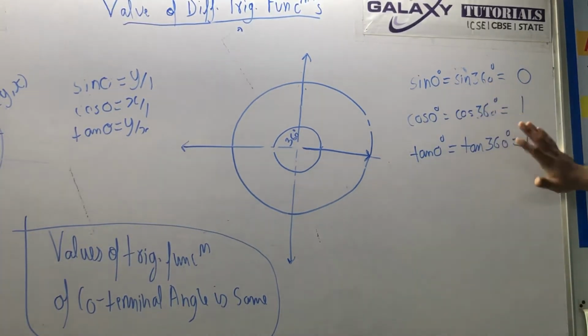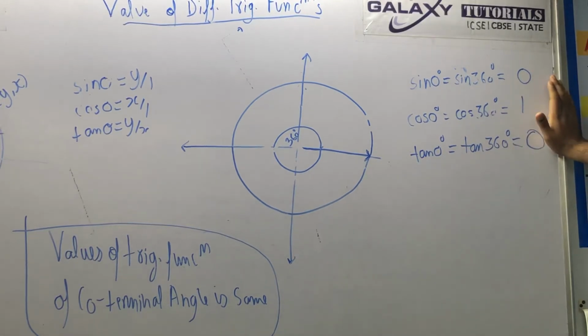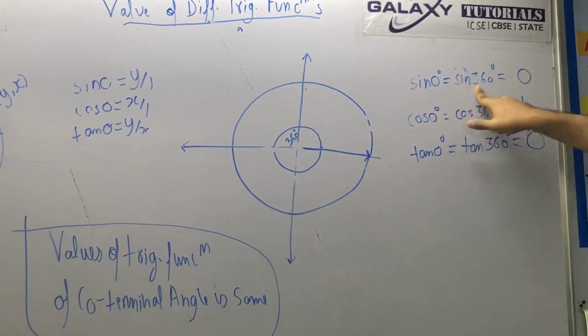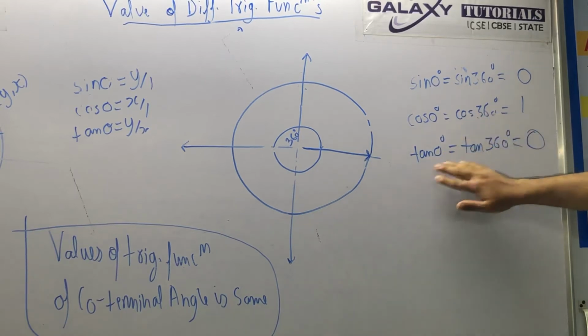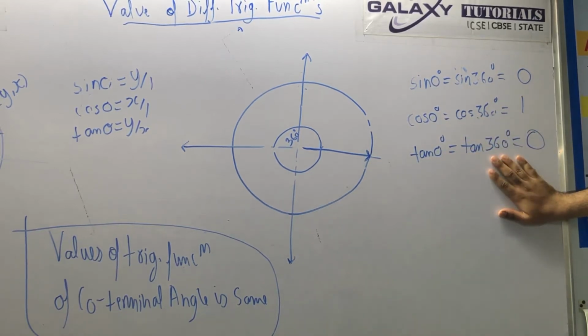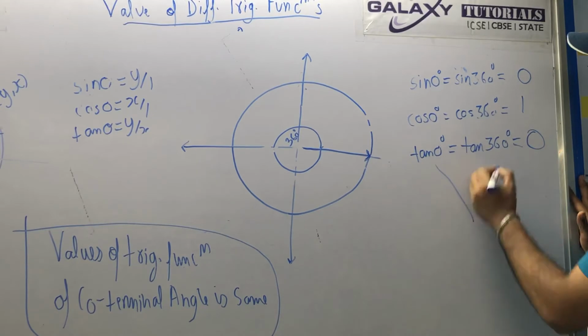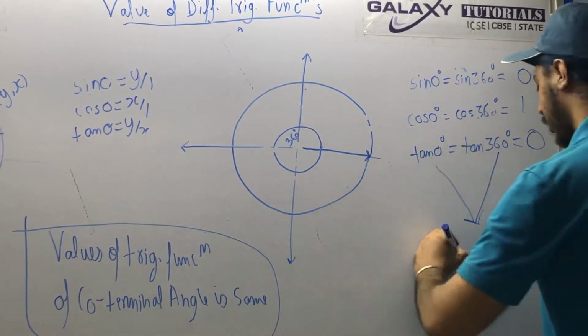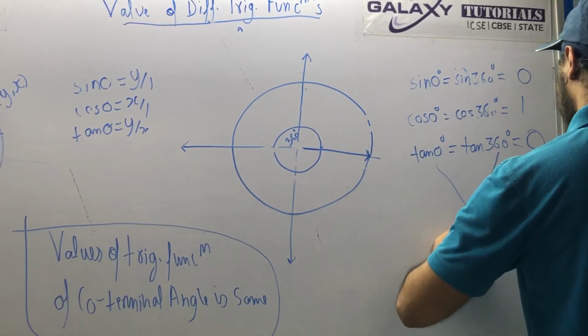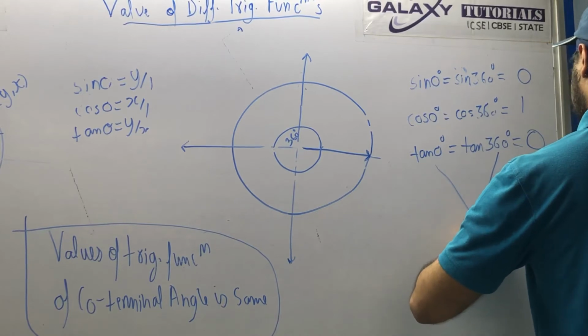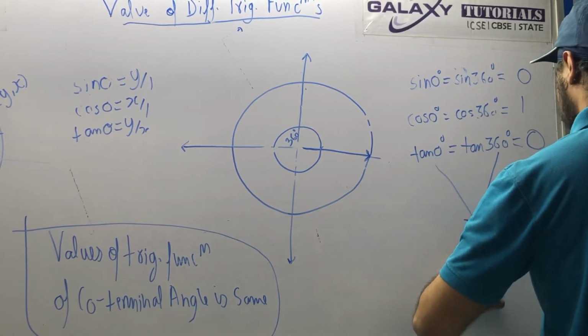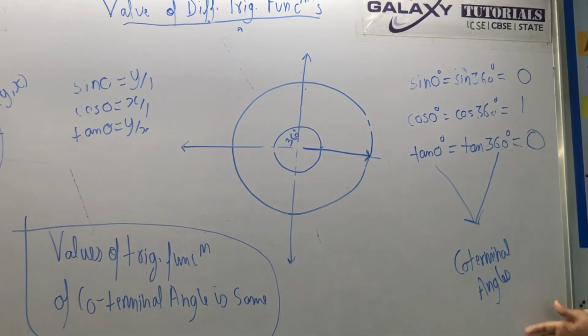Cosecant and secant you can find on your own, it is just the inverse. The important thing is that sin 0 and sin 360, cos 0 and cos 360, tan 0 and tan 360 will be the same. Why? Because 0 and 360 degrees are coterminal angles. I hope this concept is clear to you.